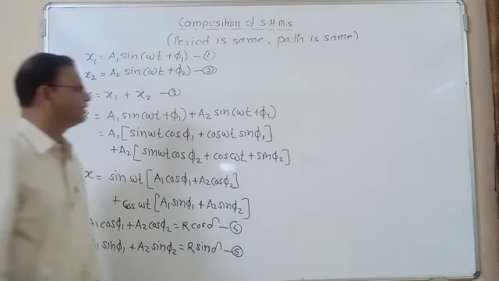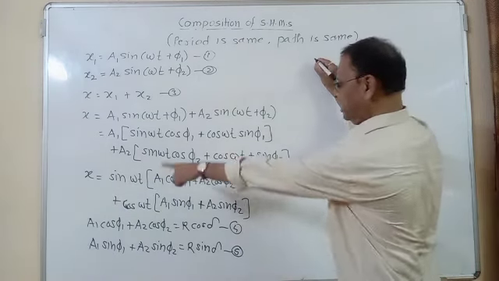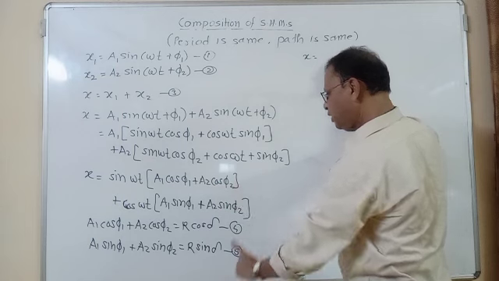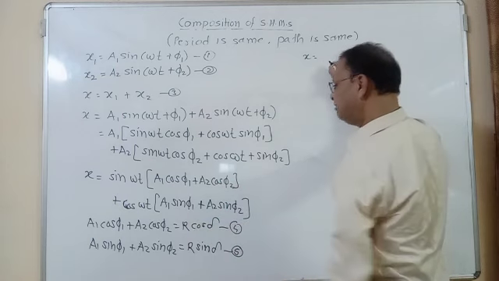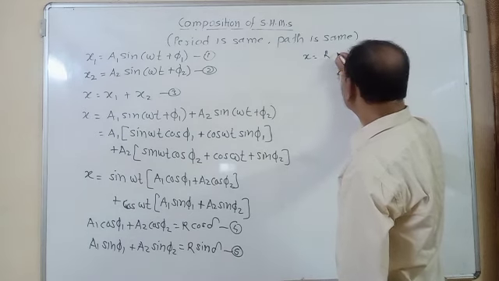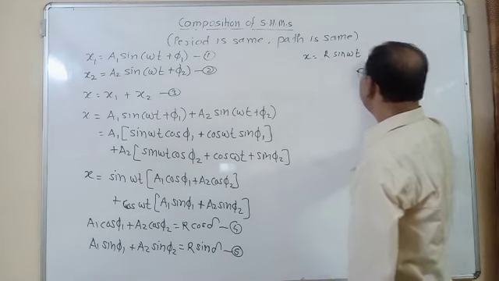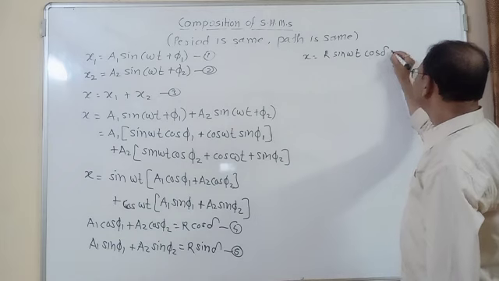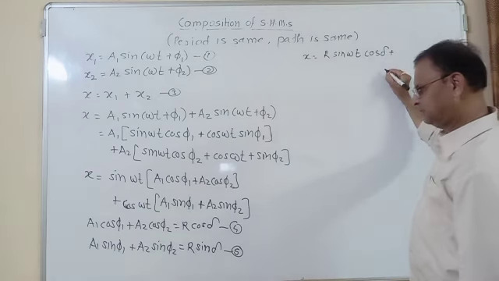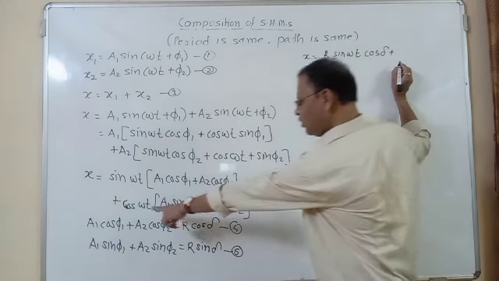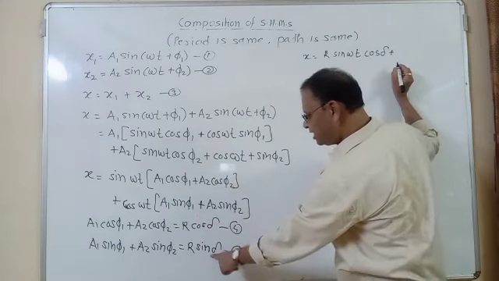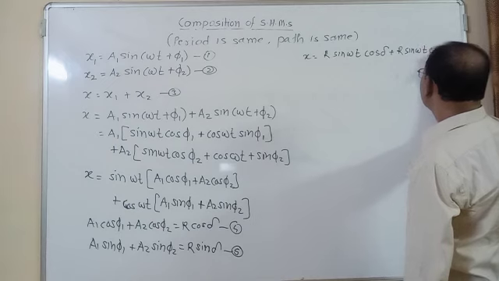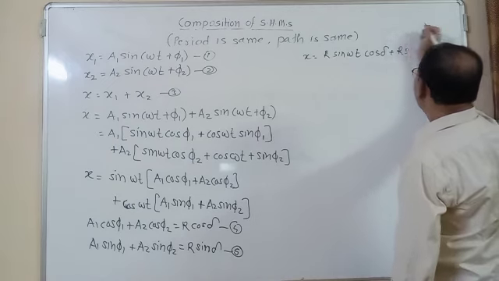Look here, x equals, since a1 cos phi1 plus a2 cos phi2 is R cos delta, we can write R sin omega t cos delta plus cos omega t into R sin delta.